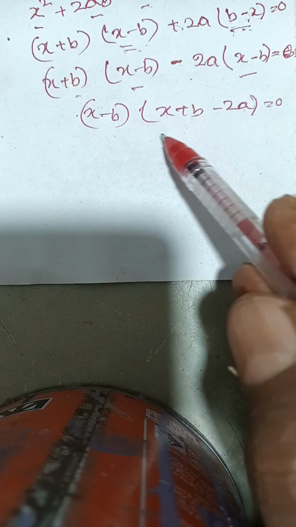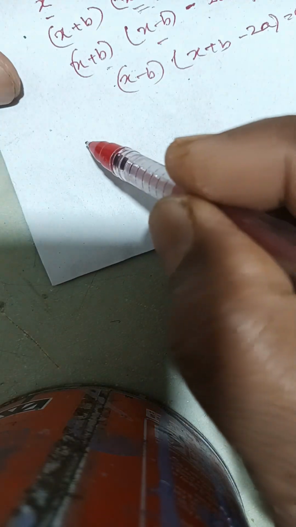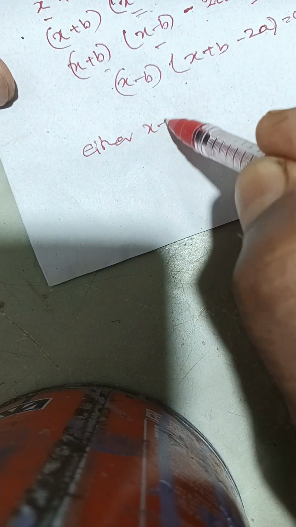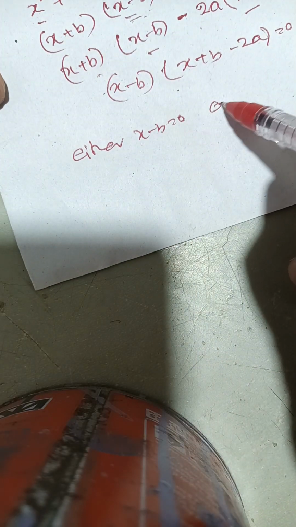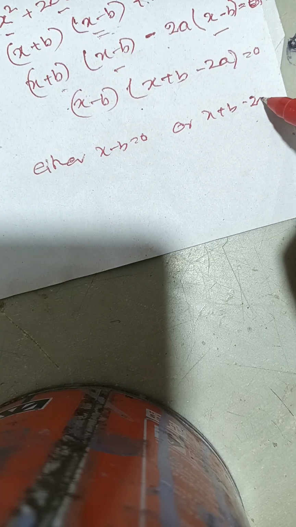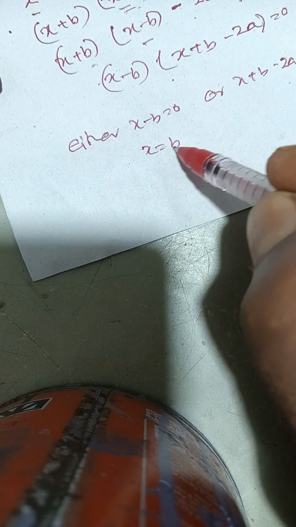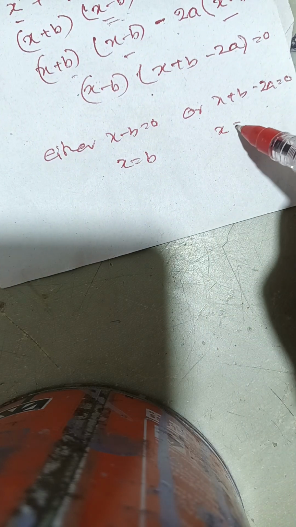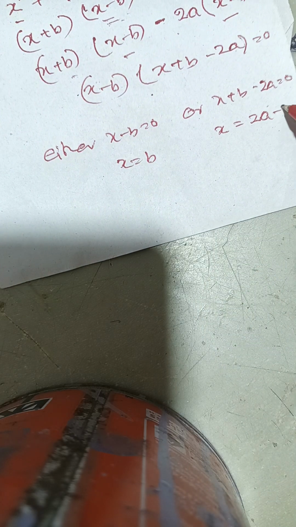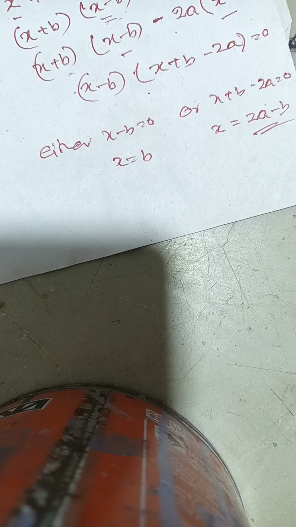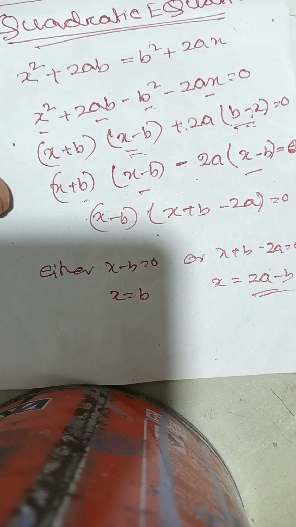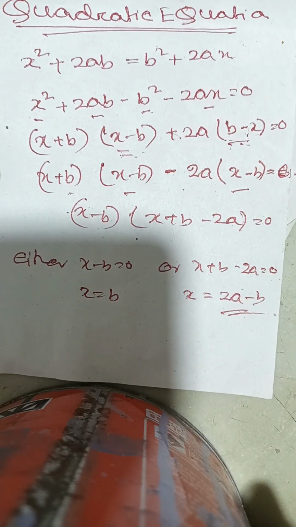So when the product of two numbers is 0, then you write either x minus b equal to 0 or x plus b minus 2a equal to 0. This can be written as x equal to b, and here you can write x equal to 2a minus b. Okay, so we can solve this question like this.